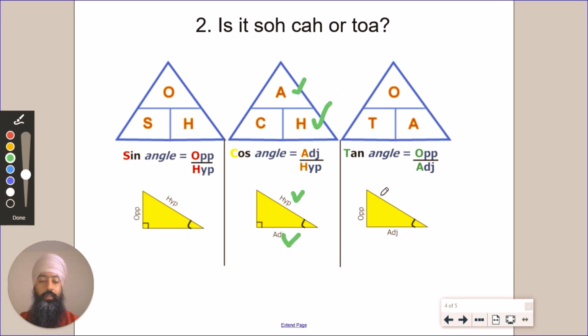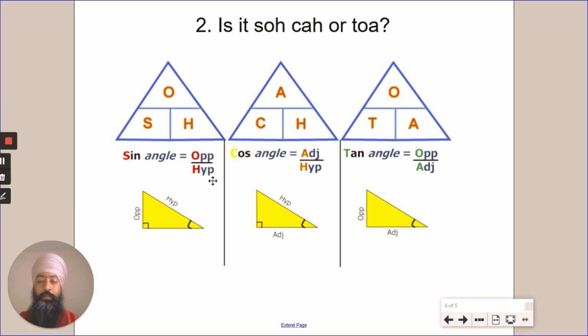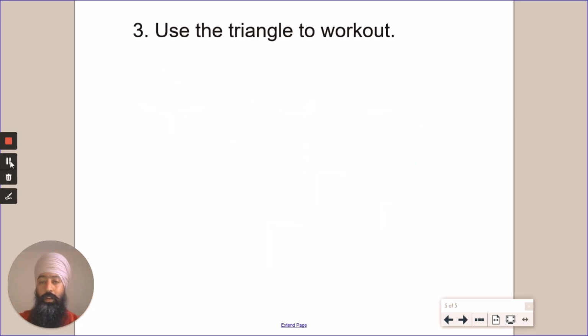And if you were given instead opposite and adjacent, you would use TOA. The labels relevant to your question will determine which triangle and which formula to use. Then the last step is to place your figures into the triangle and work out whether it's the missing length or the missing angle you want to find.